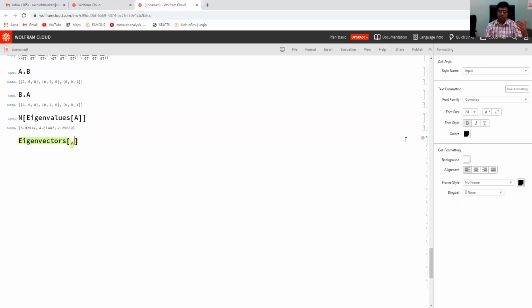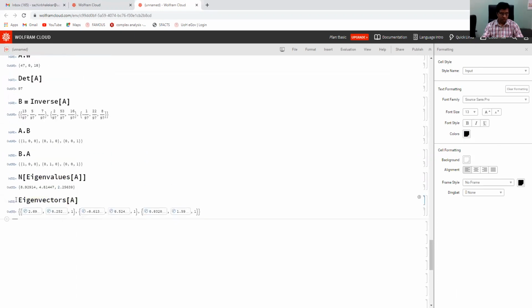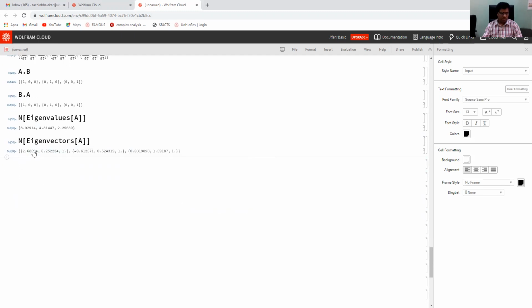So here we find eigenvectors of A. Again, we use numerical N of. So these are 3 eigenvectors.